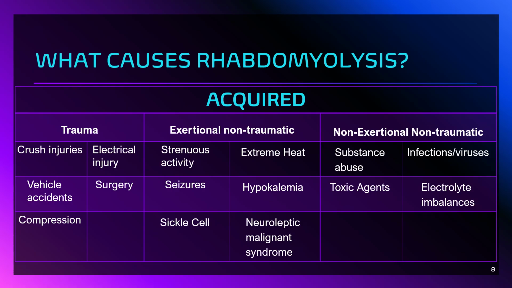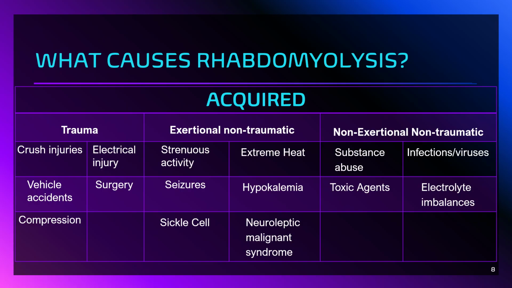Exertional non-traumatic, also known as exertion rhabdomyolysis, includes strenuous muscular activity, seizures, sickle cell trait, exposure to extreme heat, most commonly seen in heat stroke, hypokalemia, and neuroleptic malignant syndrome, which is a reaction to antipsychotic agents.